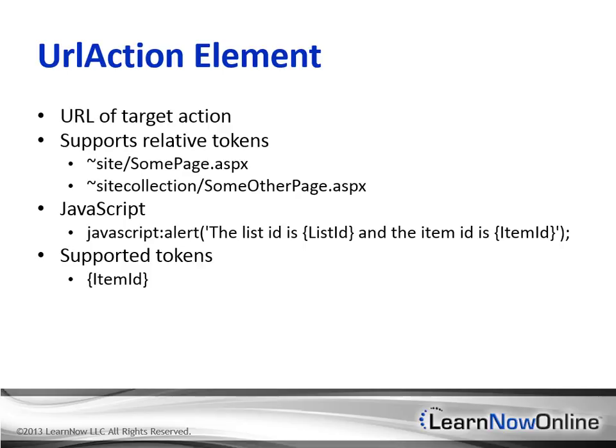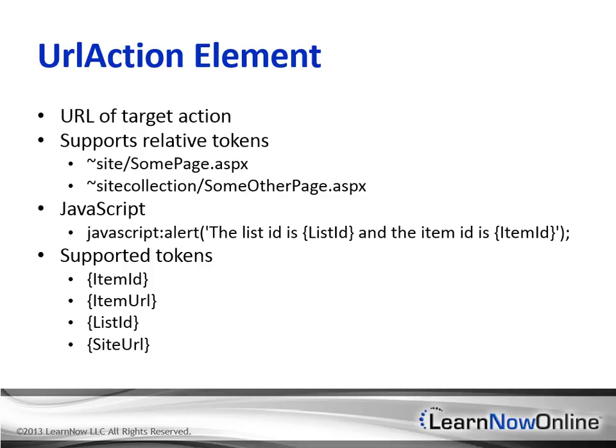And those tokens, in this sample right here, acquire the context of the current operation. So if you're hovering over a list item and you want to invoke actions on it, well, the SharePoint UI is going to pass in the list ID and the item ID. It'll also pass in the item URL, list URL, and site URL. Those are the supported tokens.